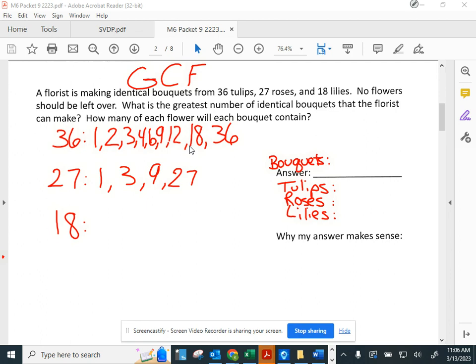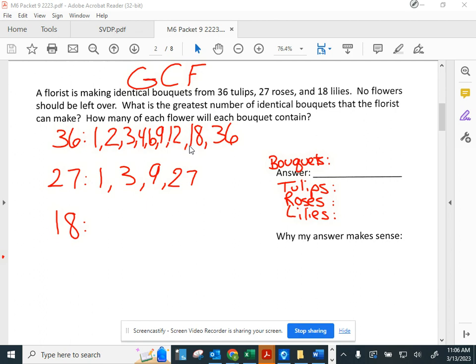I'm going to look at which factors all 3 numbers share. And I'm going to circle the biggest one. The biggest factor that all 3 numbers share is going to be how many bouquets I make, that greatest common factor. And then for the individual flowers, it's going to be its factor buddy.